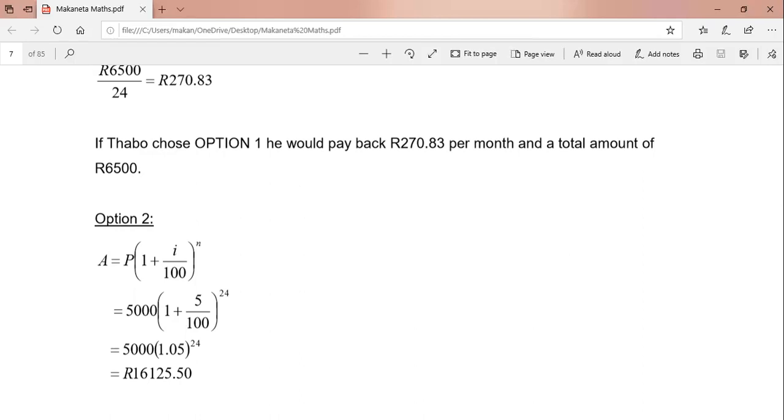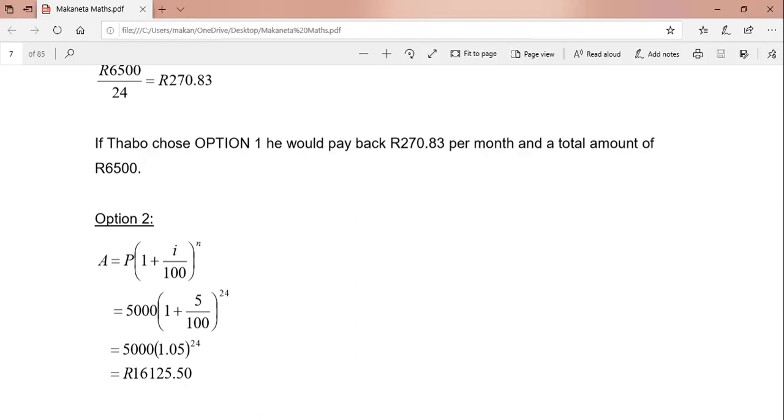Now, in option 2, you can tell without doubt that 5%, although it looks smaller, but the fact that it is compound interest, it actually compounds the problem. Thabo's problem becomes worse under option 2, because 5 divided by 100 will give you 0.05.